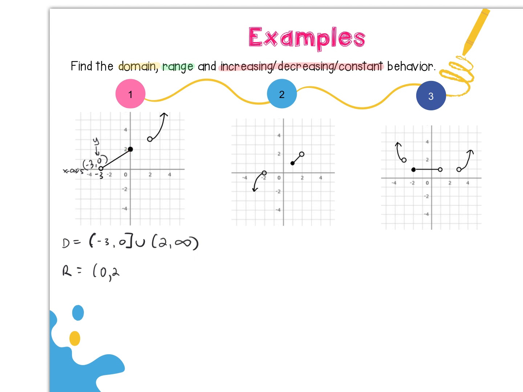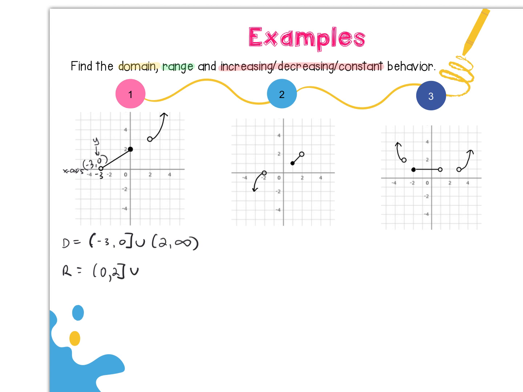So I know that this is going to go to 2, and it's going to include 2 because it's a closed circle. And then union, and then I've got to see where it picks up. So again, I go 0, 1, 2, nothing here. When I get to 3, I notice there's an x value here that has 3, and then a y value, right? This is 2, 3, so there's a y value here, and then it goes up to infinity.